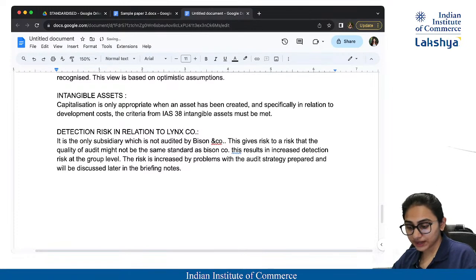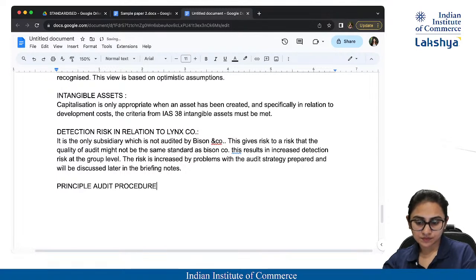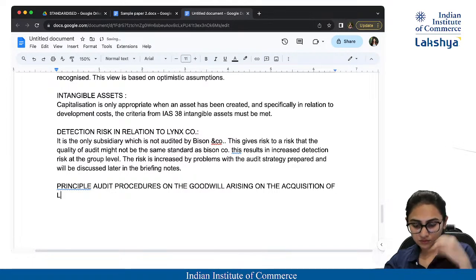So the next one we have is principal audit procedures on the goodwill arising on the acquisition of Links company.